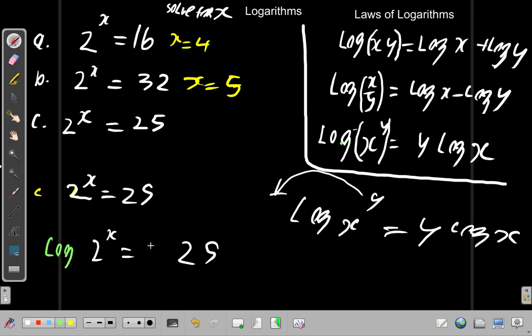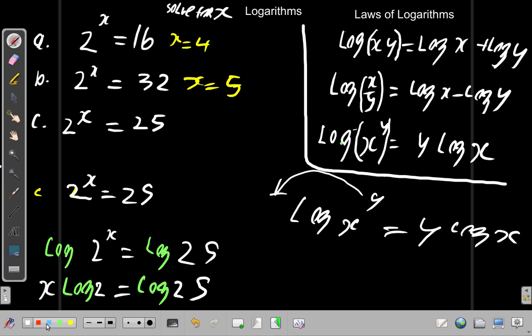Log of 2 to the x equals log of 25. Now, if you have log of 2 to the x, this should be the same thing as x times log 2 equals log of 25. Do you see that?